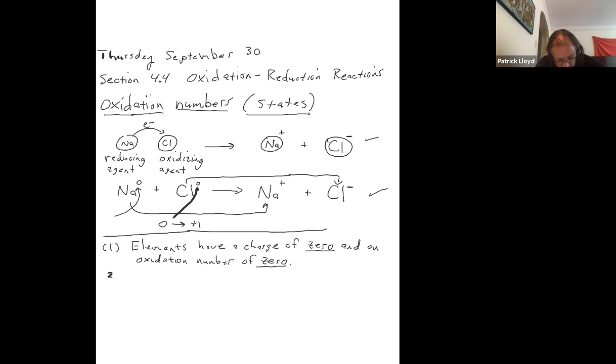The second one is that monatomic ions have oxidation numbers equal to the charge of the ion.